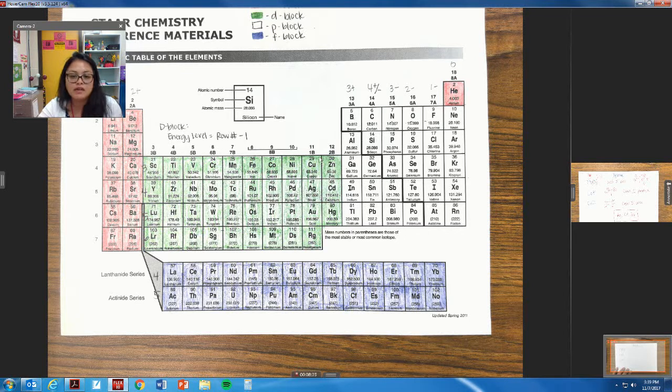Now I want you to take a look at your B group. Silver is in 1B, so that means your charge is going to be +1. Zinc and cadmium are in group 2B, so they have a +2 charge. This only applies to just these 3 exceptions.